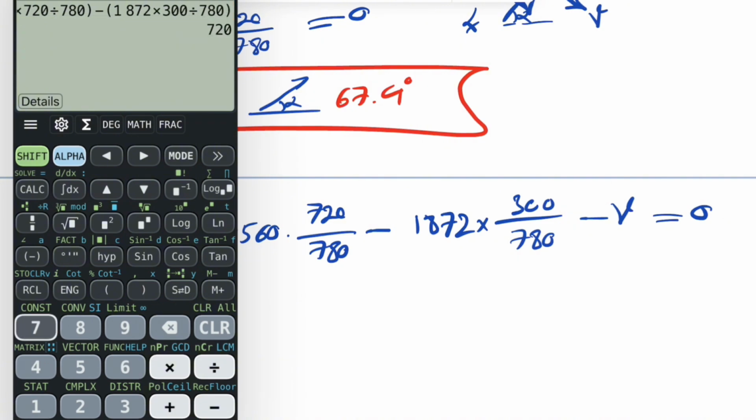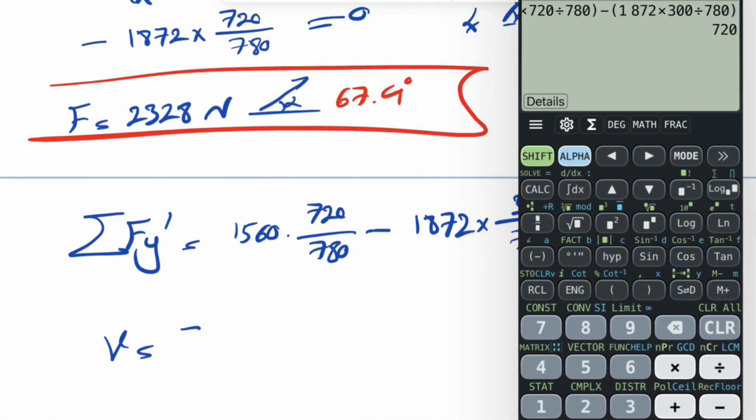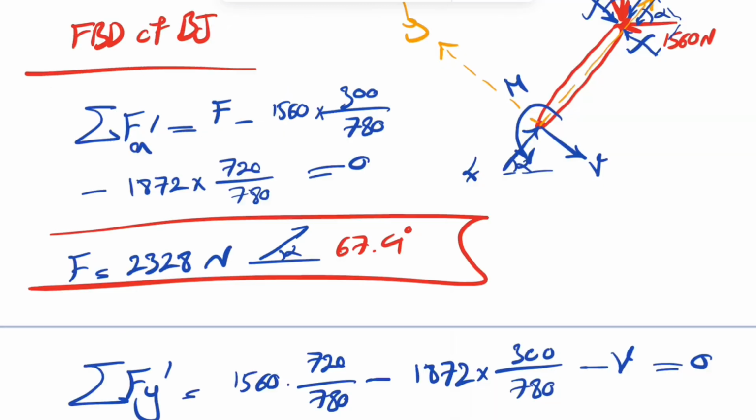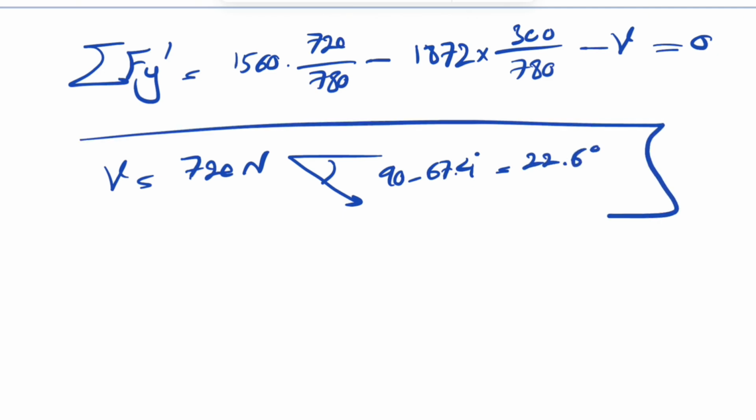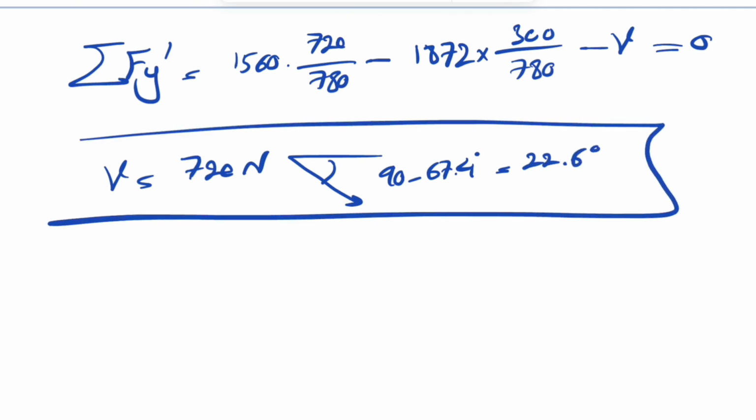This is going to give us 720 newtons. If we want to show this angle here, this angle is also alpha, so we basically have 90 minus 67.4, which is going to be 22.6 degrees. That's our V. And we just have to find the bending moment.